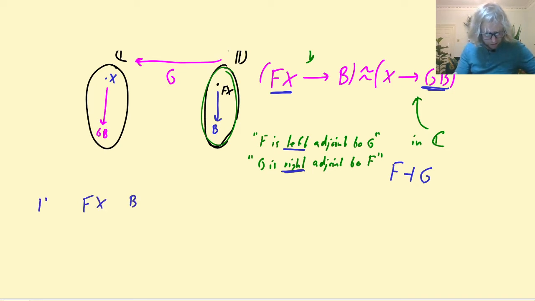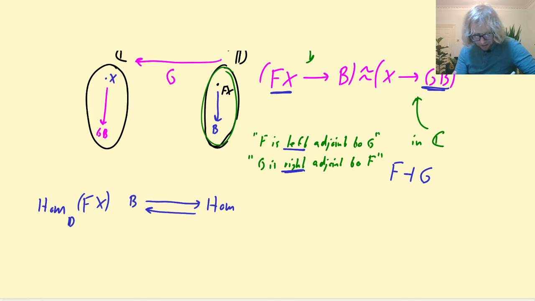So I'm going to use the hom to write these things now. So these are the homs in D from f of x to b. And then I have this way of going back and forth here to the hom in C of x and g of b, right?